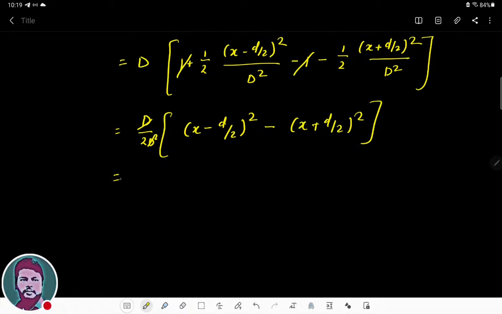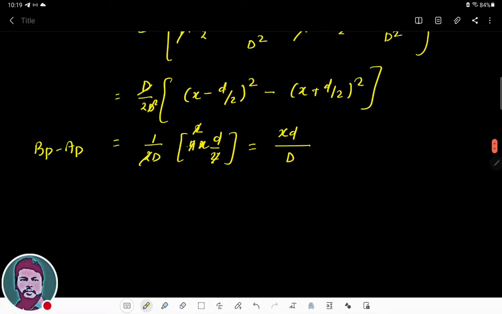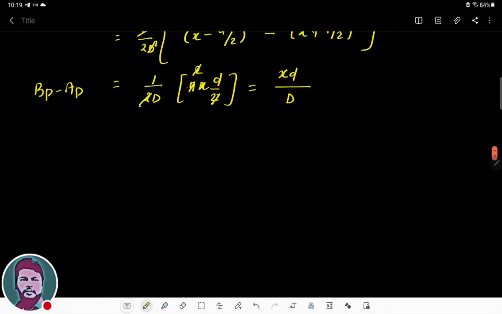This is the path difference BP minus AP, and when we solve this term, it becomes 1 upon 2d, and inside only 4 into d by 2 remains, and the 2s cancel, and then we get xd over d. So we get the path difference of xd over d. This is the path difference.